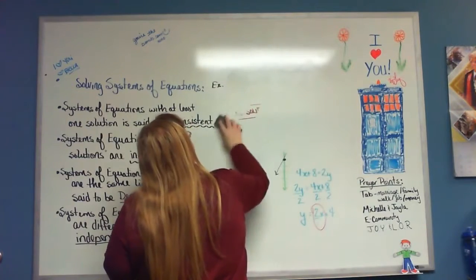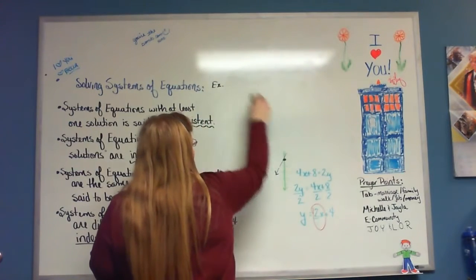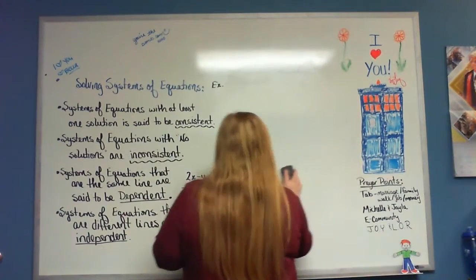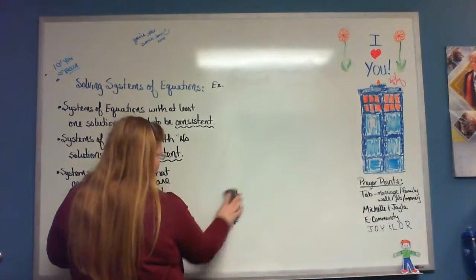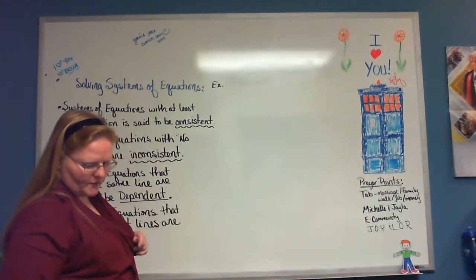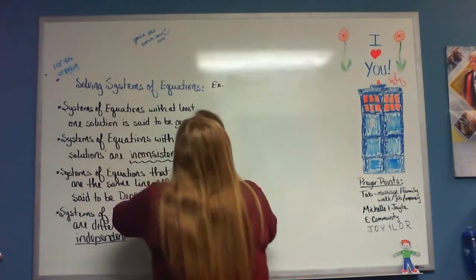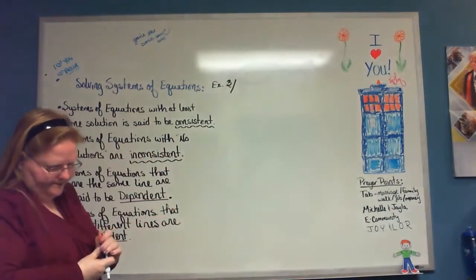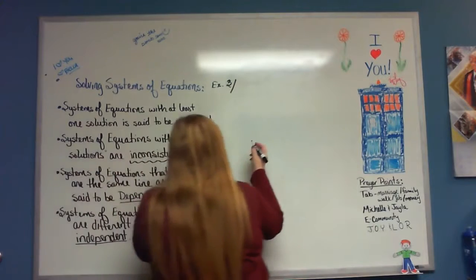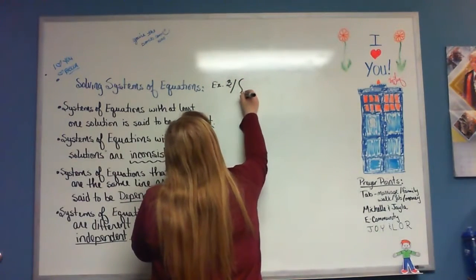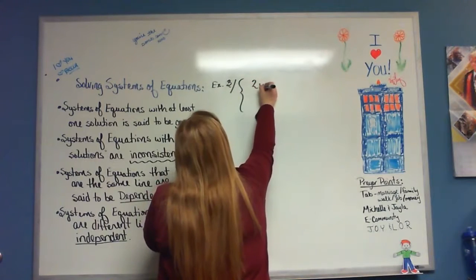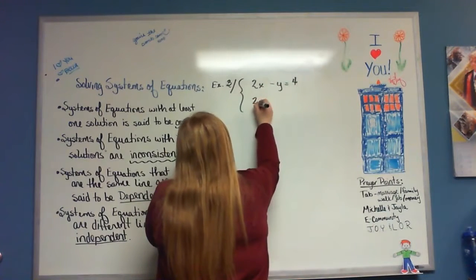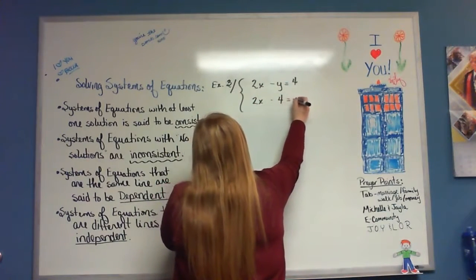Let's do another one. That was example 2, by the way. I never changed my 2 there. Hope you caught that. So this one's going to be example 3. 2x minus y equals 4, and then 2x minus 4 equals y.